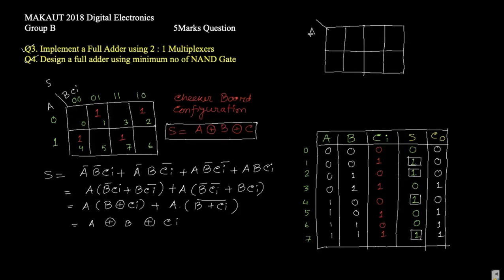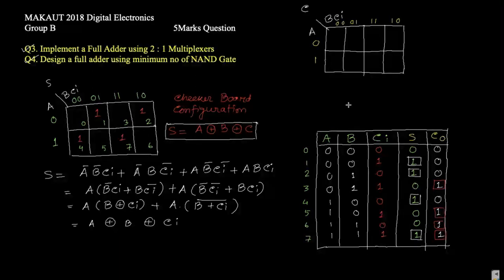This is A, this is B and Ci. Now write A as 0 and 1, and B Ci as 00, 01, 11 and 10.